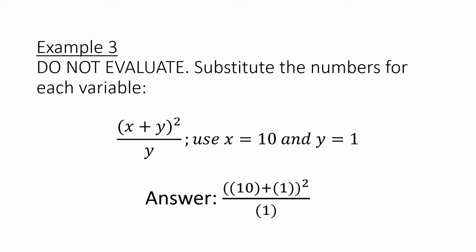So x is equal to 10, so anywhere you see x, which we see one time, 10 goes in for x, we substitute that in, and I am putting parentheses around the 10 to show substitution. And then anywhere you see a y, you're going to put in a 1 and then put parentheses around it. And we're not solving yet. That's going to be in the next step.